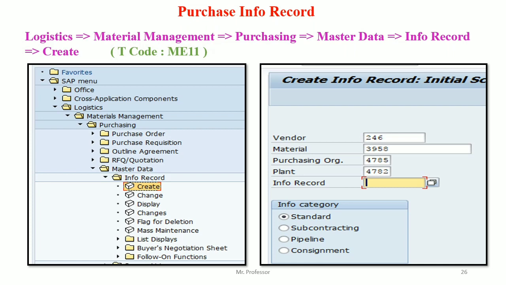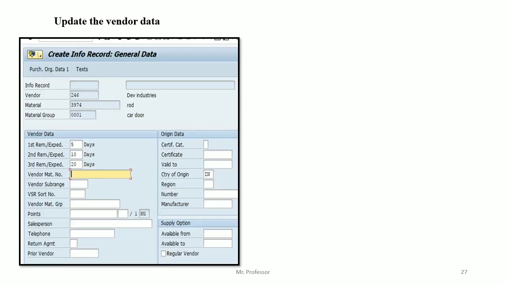Follow the path to create a purchase info record. Go to Logistics, select Materials Management, then select Purchasing, there select Master Data, there select Info Record, finally click Create. Or we can use T-code ME11. There, enter the vendor number.